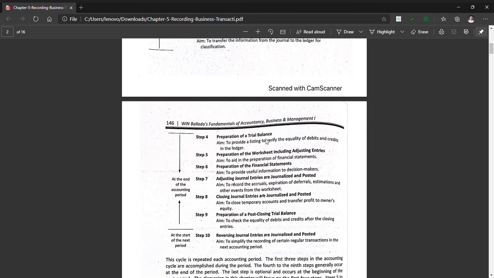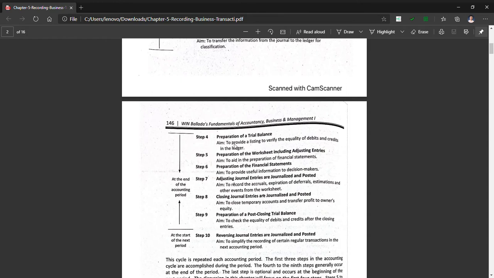Okay, so yung trial balance, ilalagay nyo lang dito yung mga balances ng every account. Tapos, ilalagay nyo lang kung ang balance ba niya is debit balance or credit balance. Tapos, ilagay nyo yun for every account. Tapos, tignan nyo kung equal ba ang debit and credit. Kasi yun yung, that is the goal or the objective of a trial balance. It is to verify the equality of debits and credits in the ledger.